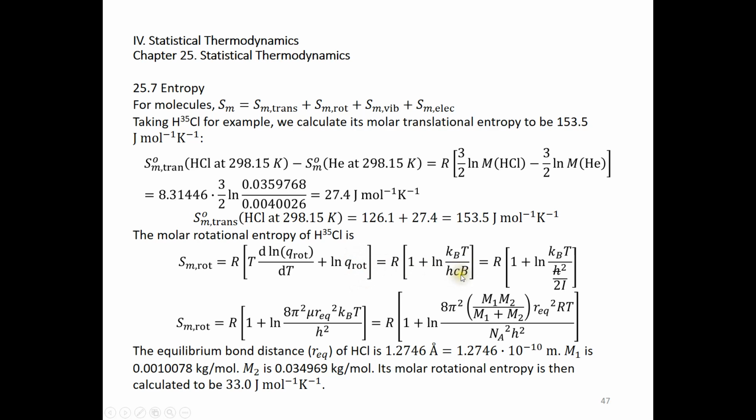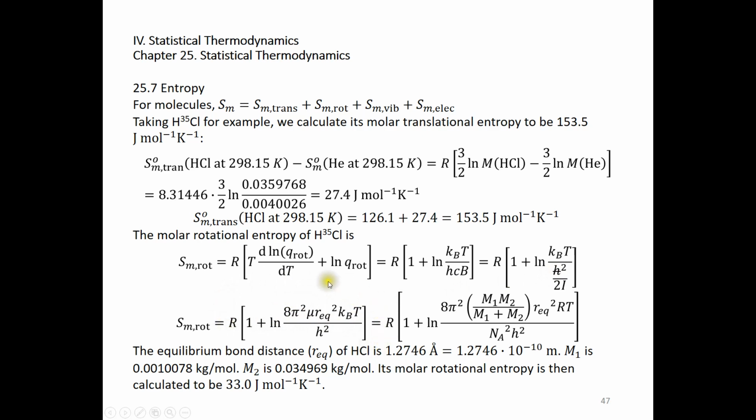The symmetry factor sigma is just 1 because this molecule does not have an inversion center. So hcB is h bar squared over 2I. I is the moment of inertia, and I is mu r squared. So we have all these equations. h bar is h over 2 pi. So that's why you see a bunch of pi on top.